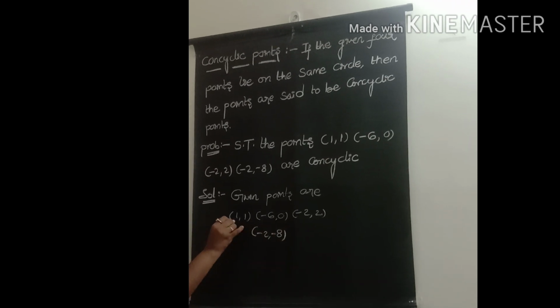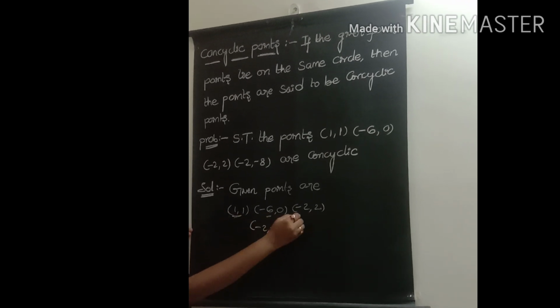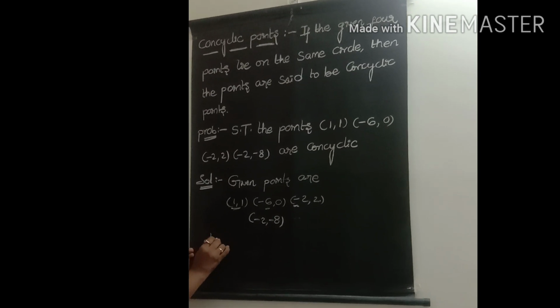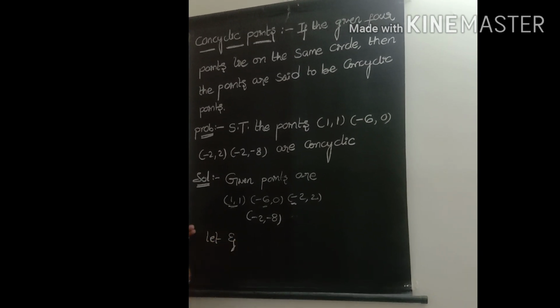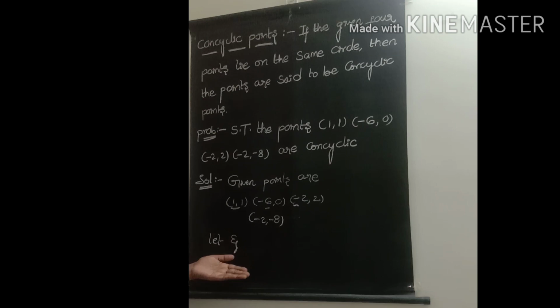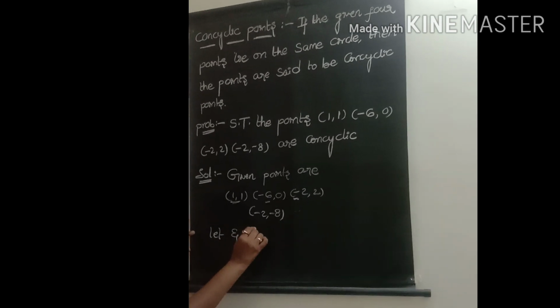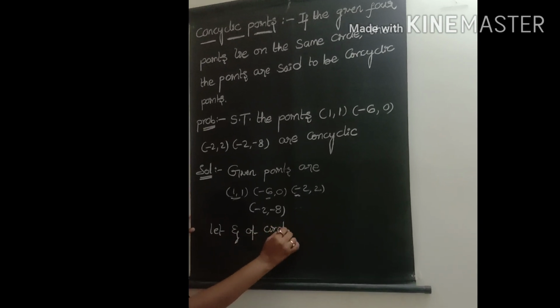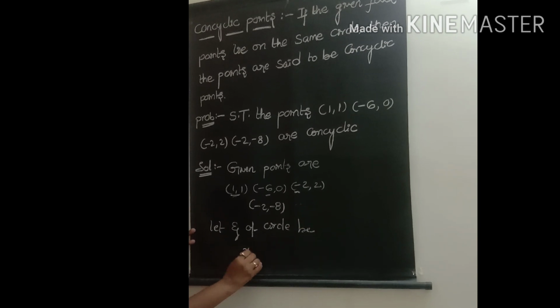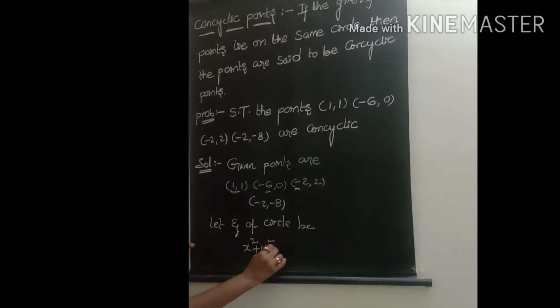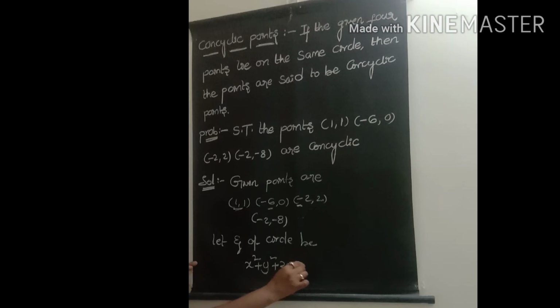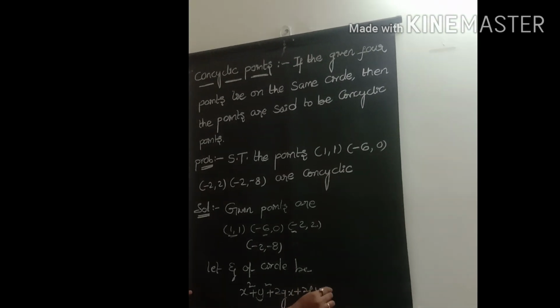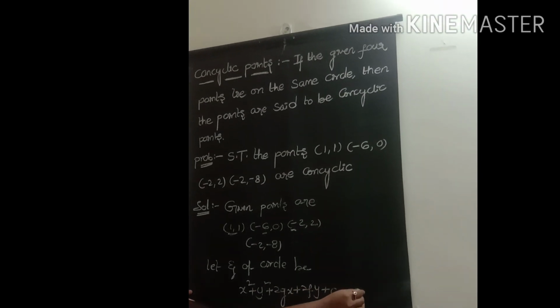First I am finding the equation of the circle by taking the first 3 points. So let the equation of the circle be in the standard form: x square plus y square plus 2gx plus 2fy plus c is equal to 0.